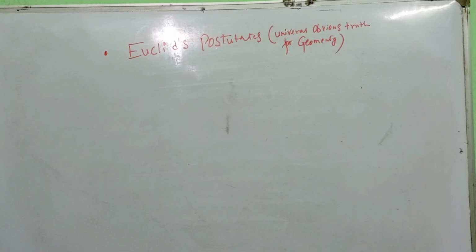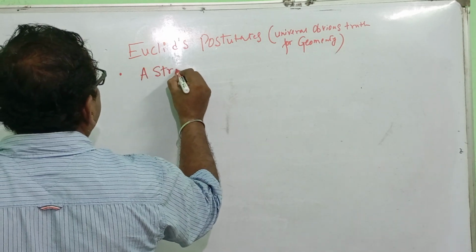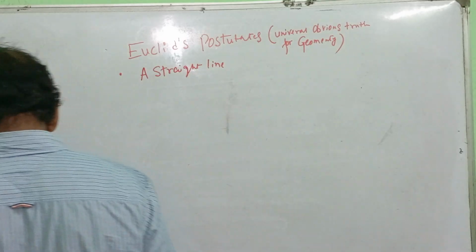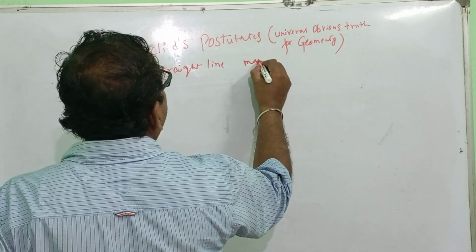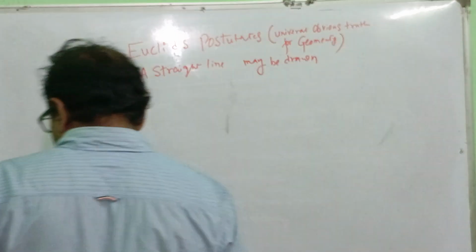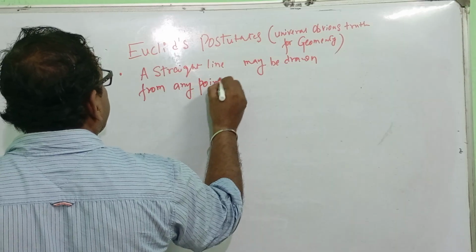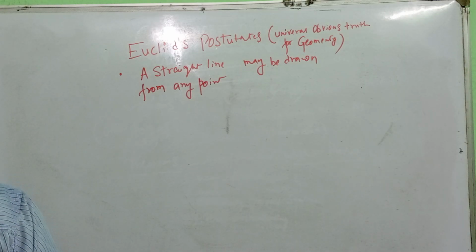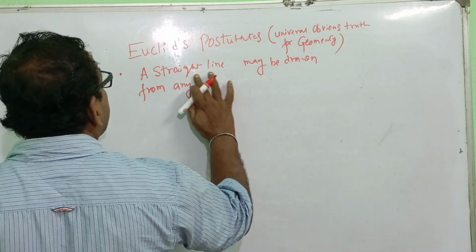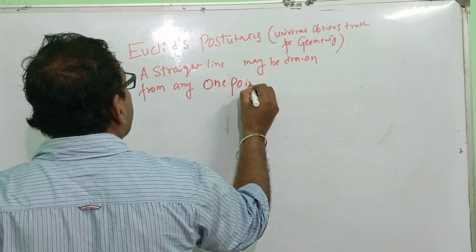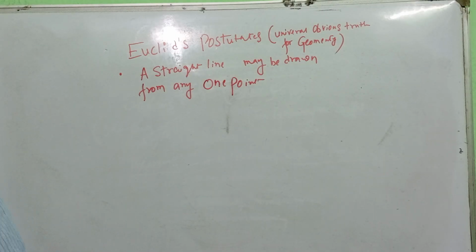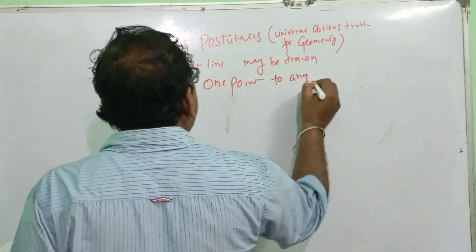The first one says that a straight line may be drawn from any one point to any other point.